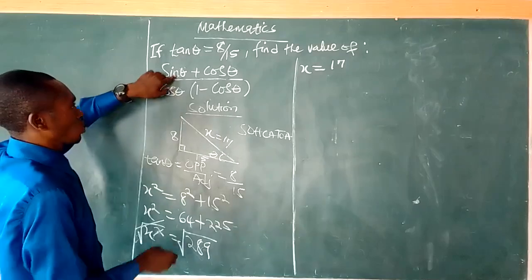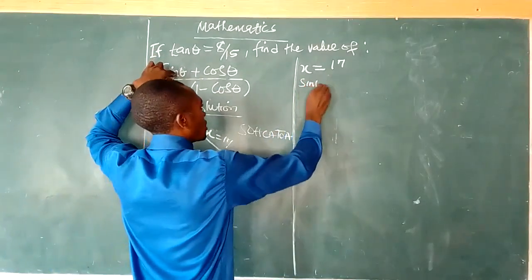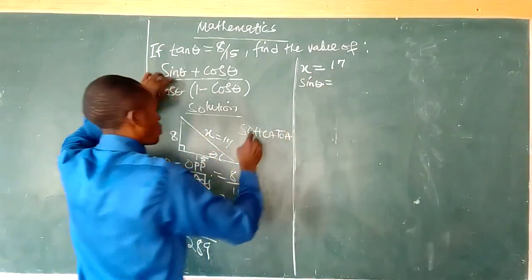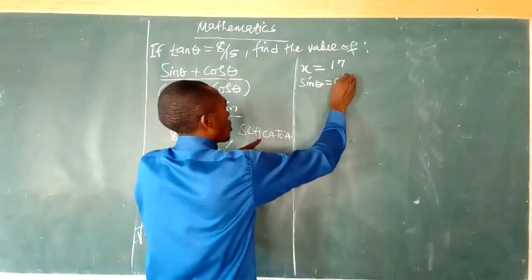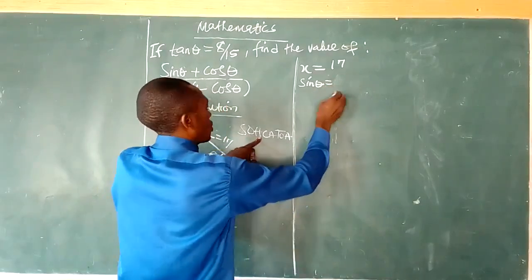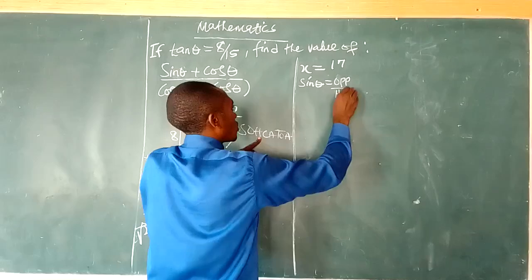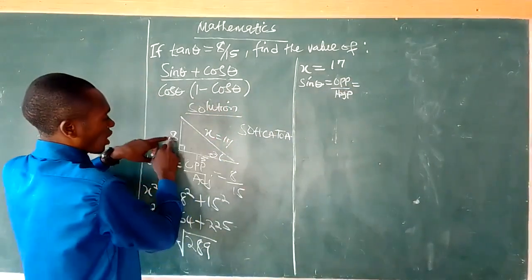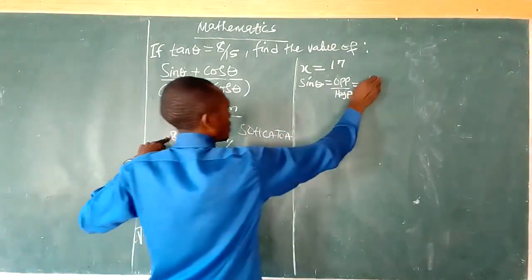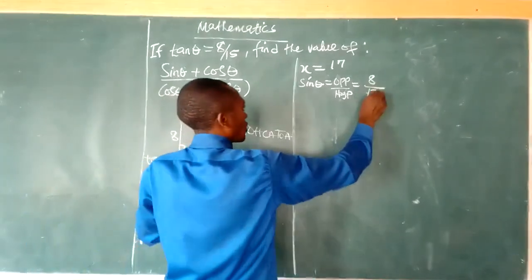Now if you look at this, we have sine and we have cosine. Sine theta is opposite over hypotenuse. The opposite is where the angle is facing, which is 8, over the hypotenuse, the longest side, which is 17.